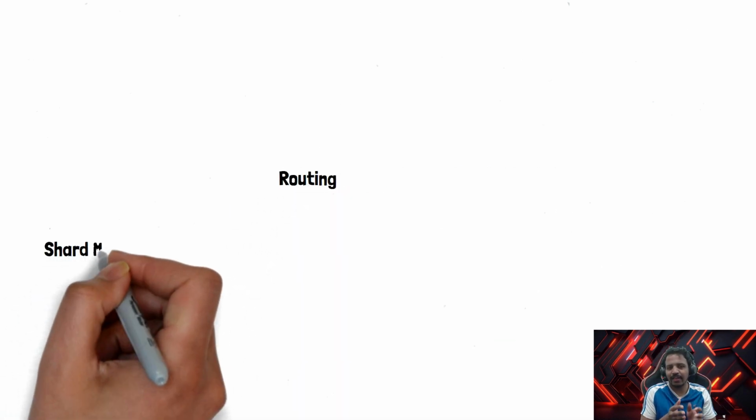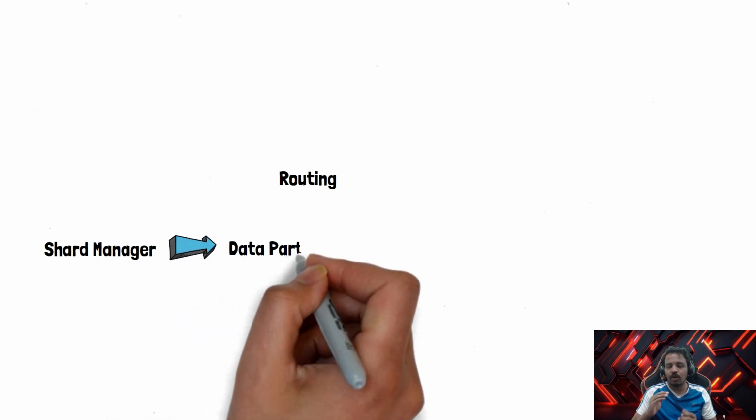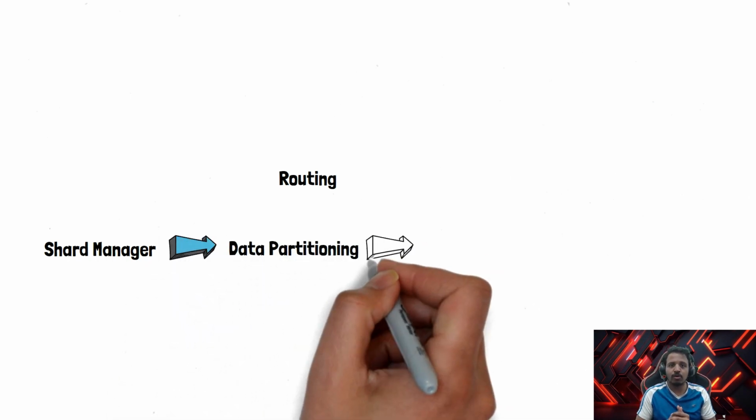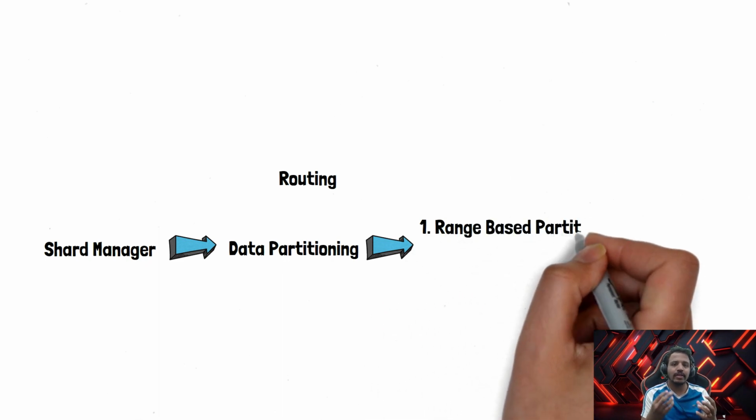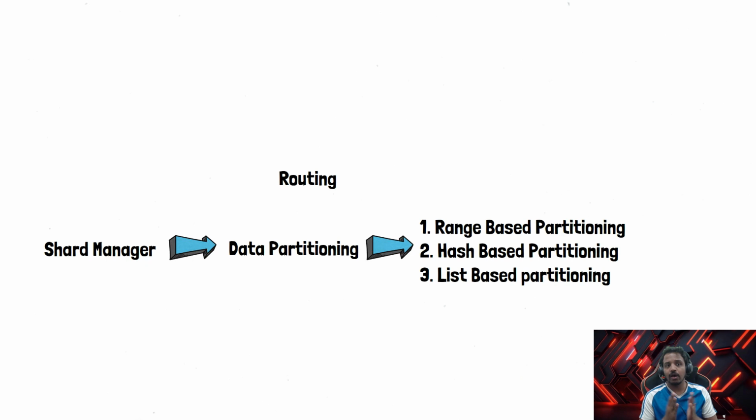Whether a record should go to shard 1, shard 2, or shard 3, or whether there is a requirement to create more shards, it all depends on the routing mechanism, the algorithm we are using for routing. Based on that, decisions are taken about which record goes to which shard, or whether a new shard is needed.